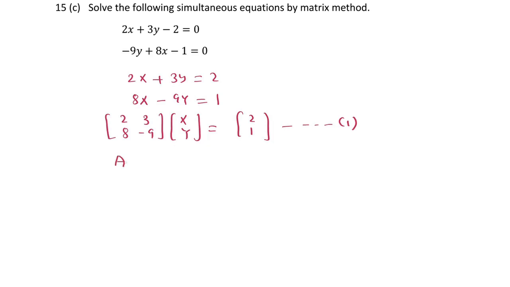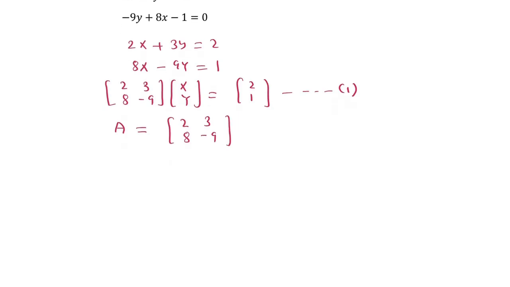Now let A equal [2, 8; 3, -9]. Let us now find the inverse of the matrix A. The formula says A inverse equals 1 over determinant times adjoint of A. To find the determinant, we take the product of the main diagonal minus the product of the leading diagonal.